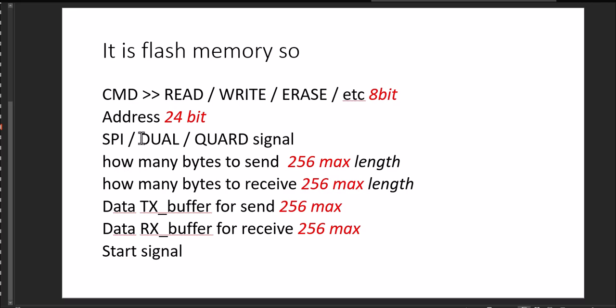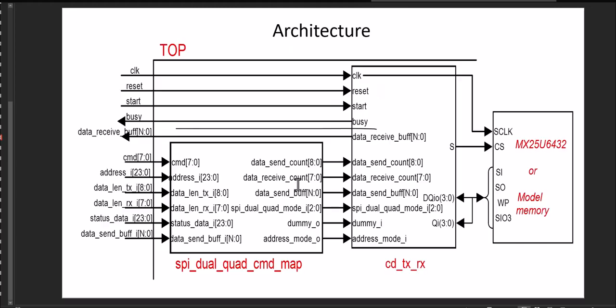To specify that, we have to generate one signal which defines whether it is SPI, dual or quad. We have to provide how many bytes to send, how many bytes to receive, then a transmit buffer and receive buffer for sending and receiving data from the flash. Also we have to provide a start signal so that the mechanism of sending and receiving data is started. So the architecture looks like this.